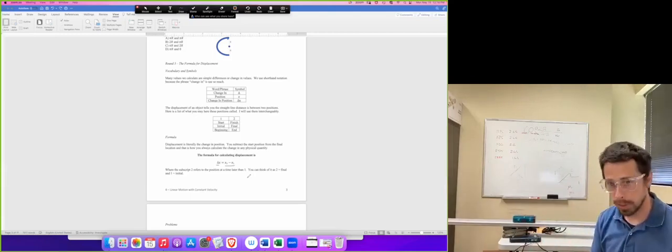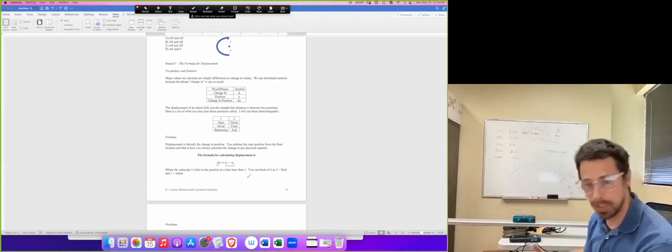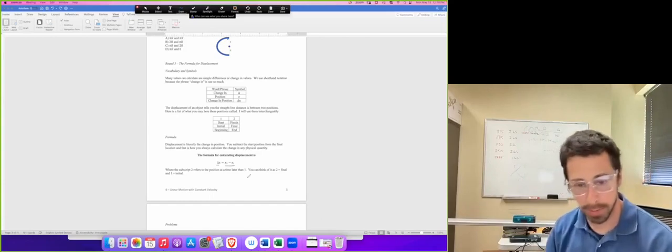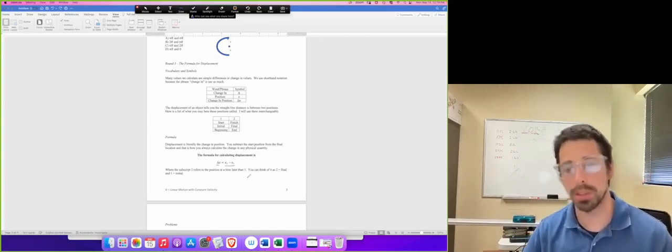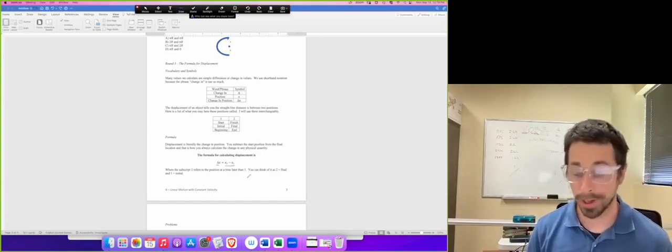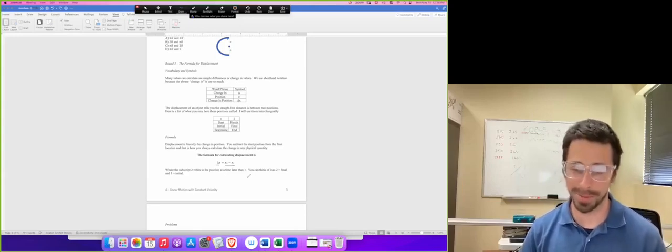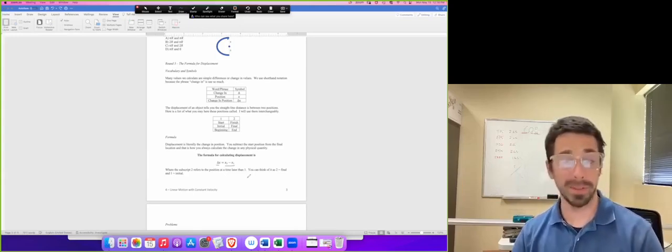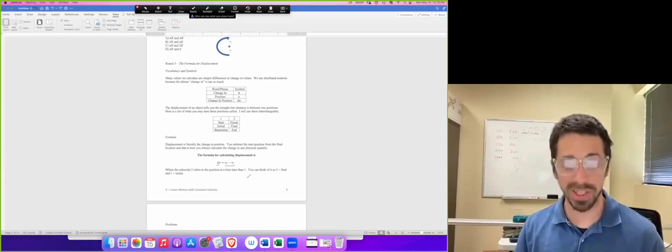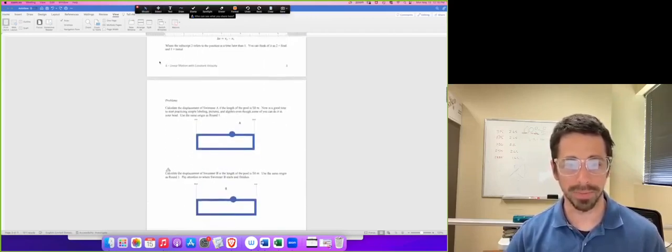What's the difference? 108 centimeters minus 58 centimeters is 50 centimeters. That's that change in position. It's literally now a number. That number has a physical meaning. All right, maybe I've said enough to seem like I'm talking in circles. Hopefully not. Let's keep going and do some more problems.